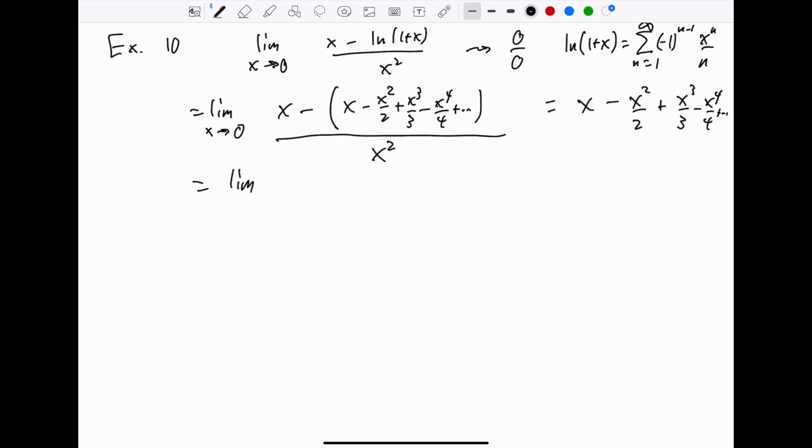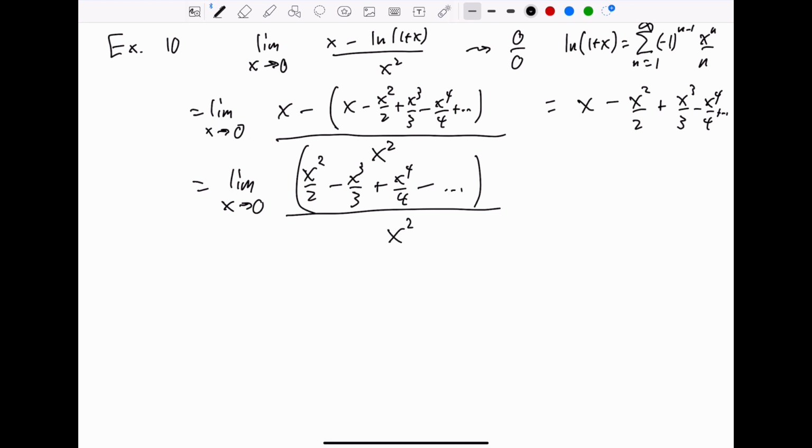We have the limit as x approaches 0. These x's cancel, and then distribute the negative through here, so we're left with positive x squared over 2 minus x cubed over 3 plus x to the fourth over 4 minus etc., infinitely many terms, divided by x squared. We could think of factoring out an x squared from each of these terms in the numerator, or we could just think of canceling out two x's from each term.